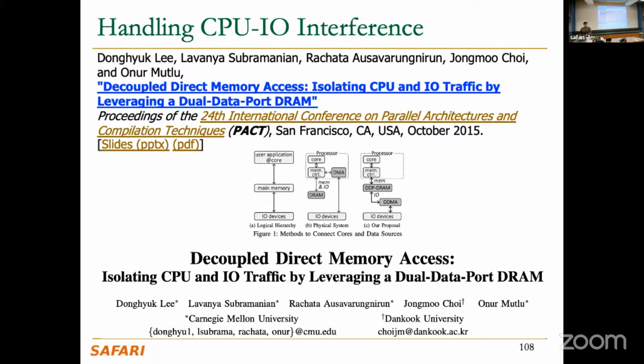This paper has a new DRAM design that doubles the memory bandwidth, but at very low complexity, let's say. And I'll leave it at that. By doubling that, you partition half of the bandwidth to CPU requests and the other half to I/O requests, and you reduce interference.